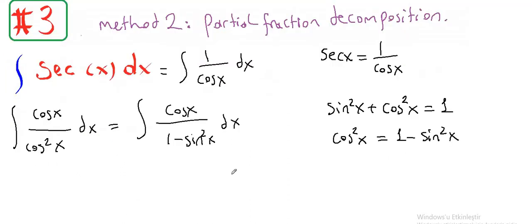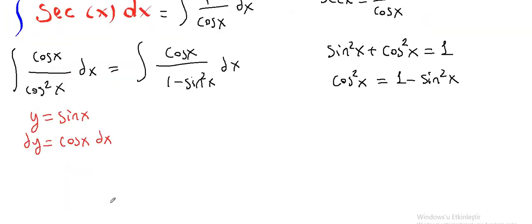Now we're going to make a substitution. Let y be equal to sine x, then dy will be the derivative of sine x, which is cosine x dx. And if you solve for dx here, you get 1 over cosine x times dy. Now let's write everything in terms of y.